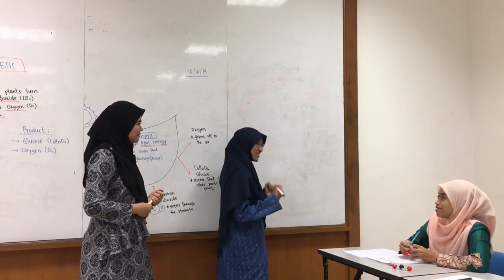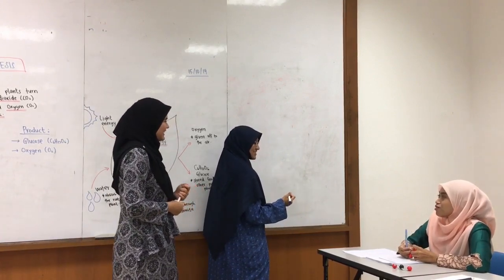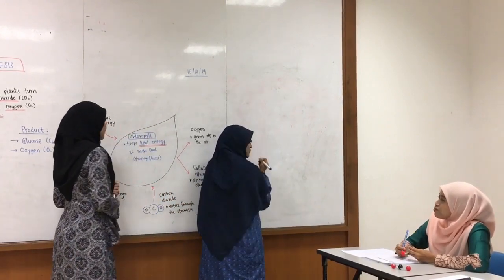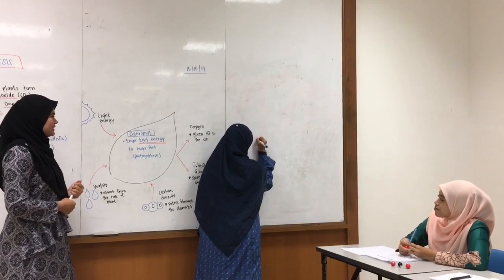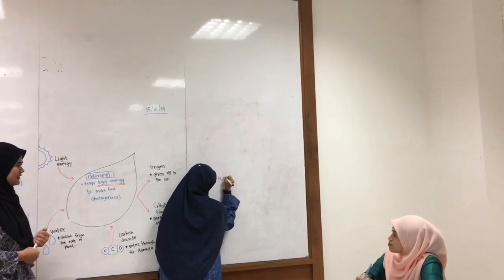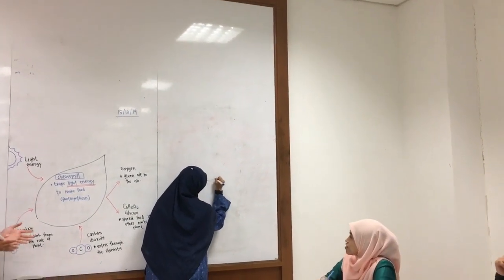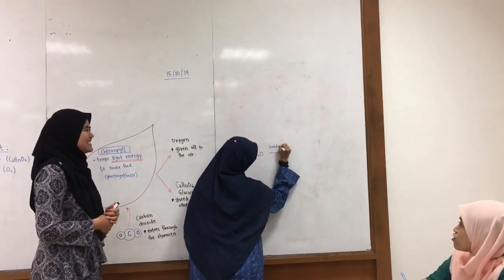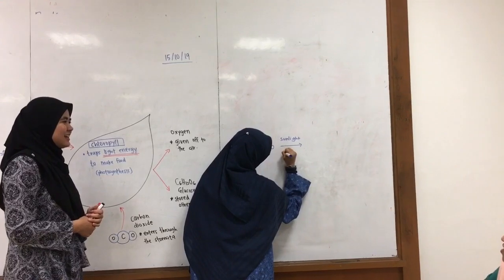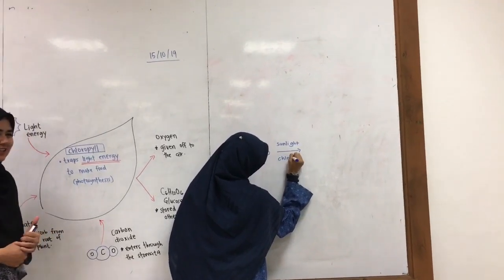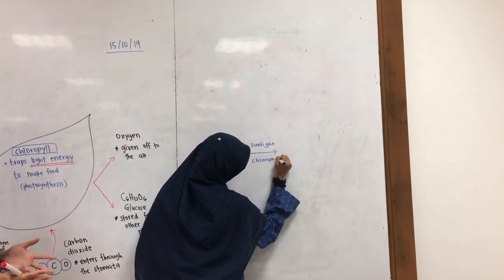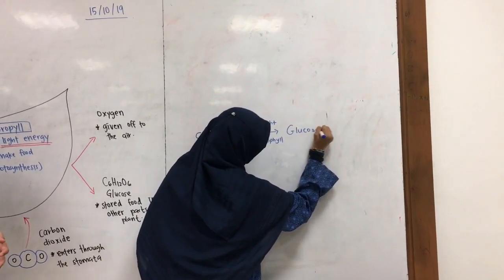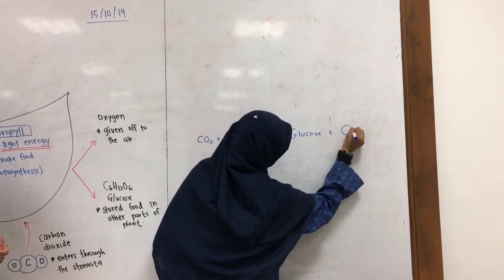What is the first raw material? CO2. Okay, good. What is CO2? Carbon dioxide. Next is H2O, water, in the presence of sunlight and chlorophyll, will produce glucose and also oxygen.